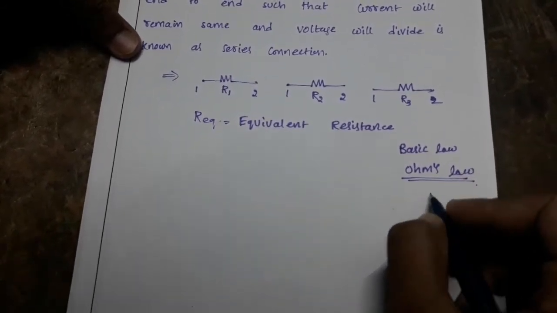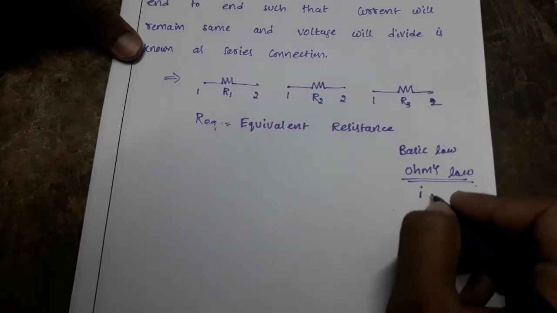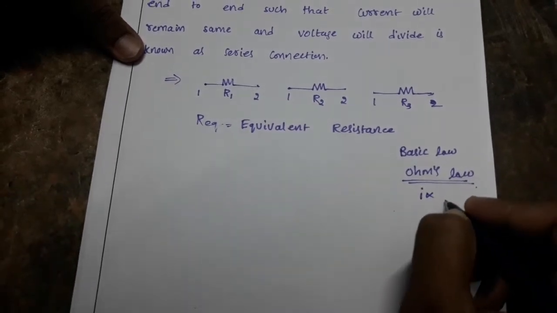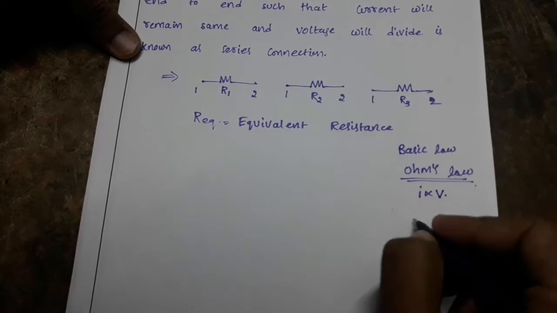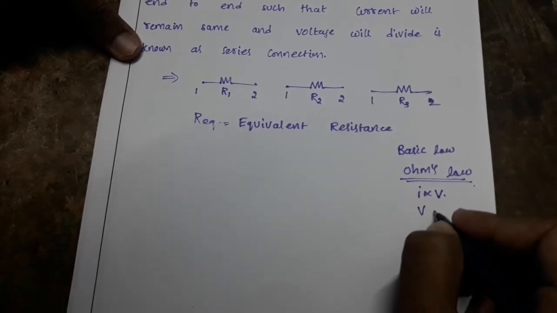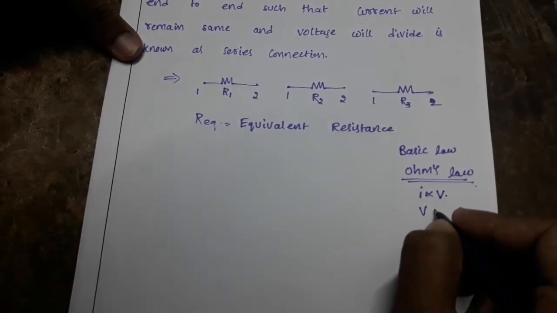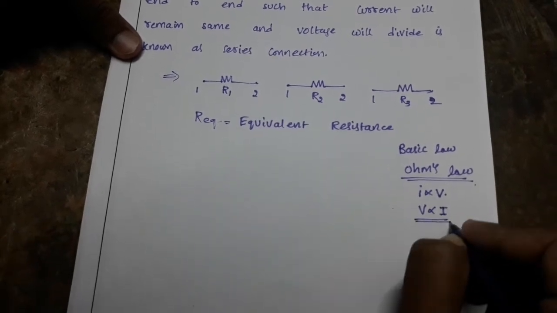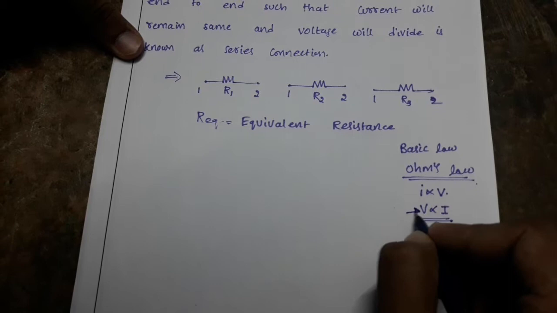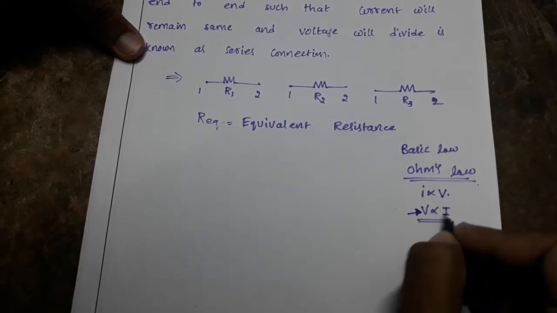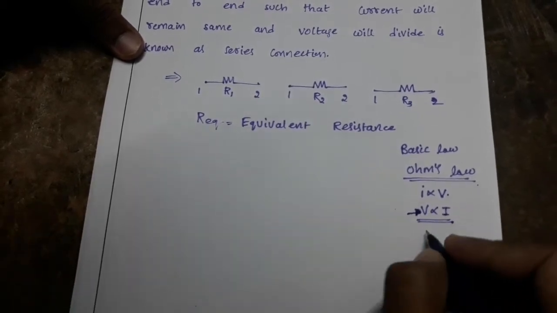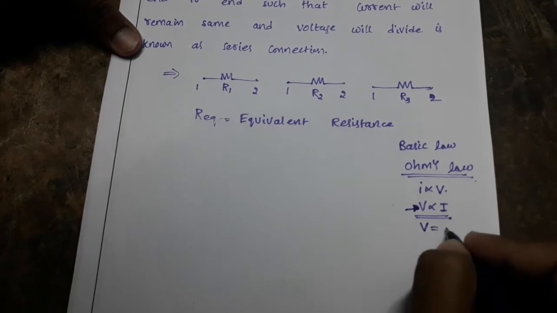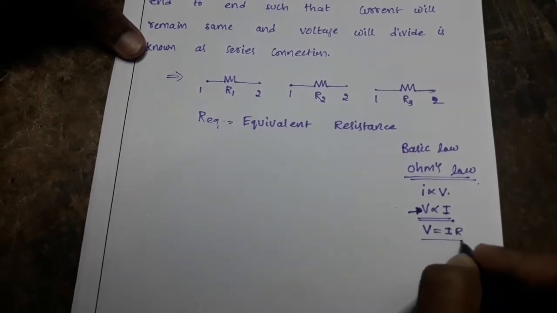According to Ohm's law, current flowing through a conductor I is proportional to applied voltage across it. From this, we will get V is directly proportional to I. This is because we will write the independent quantities on the right side and dependent quantities on the left side. So, V equal to IR by taking the proportionality constant.